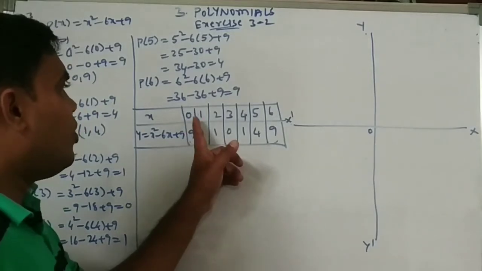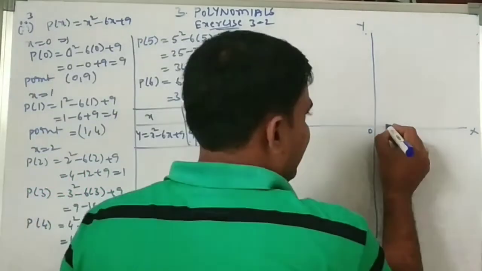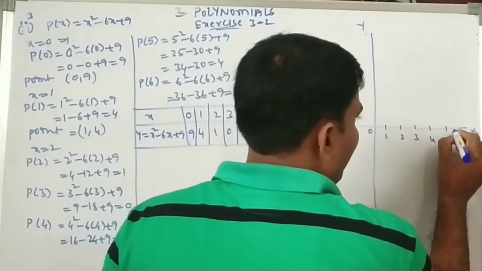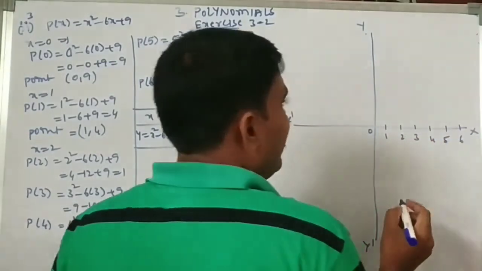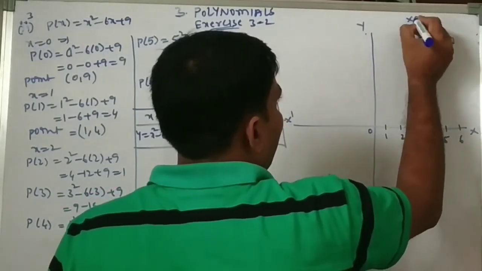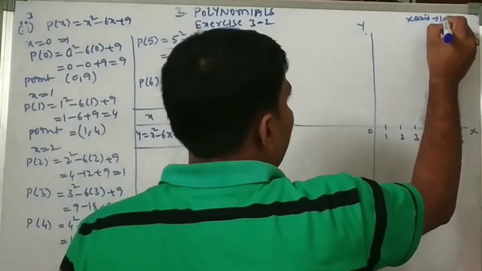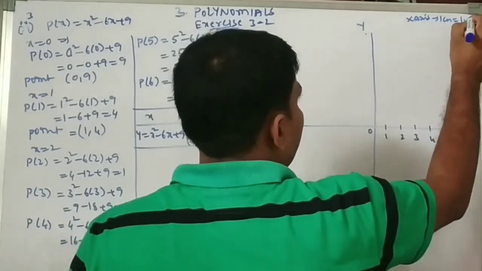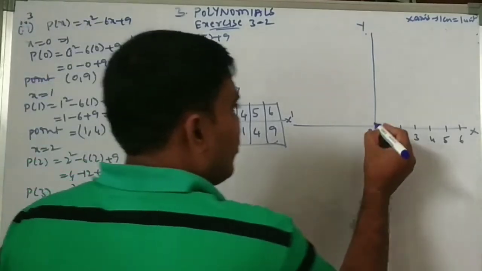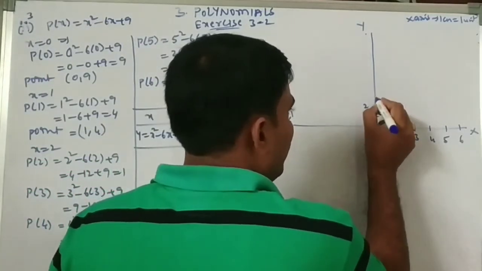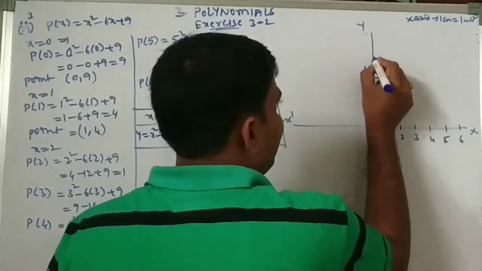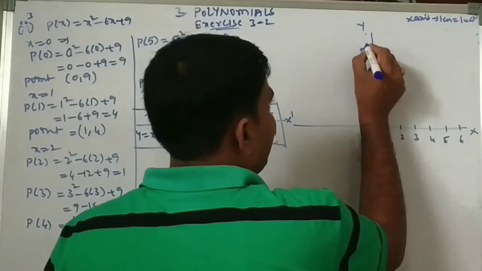So 0, 1, 2, 3, 4, 5, 6 on the x-axis, and on the y-axis up to 9: 1, 2, 3, 4, 5, 6, 7, 8, 9.